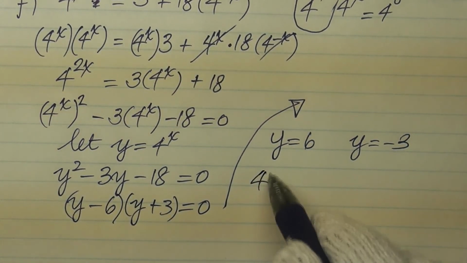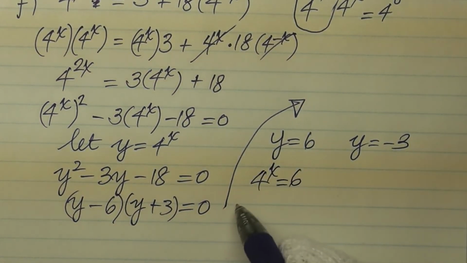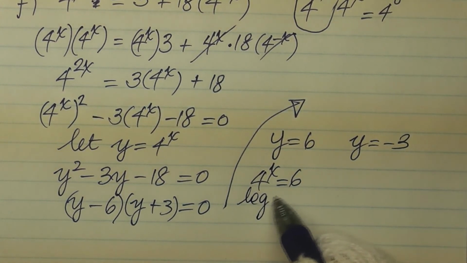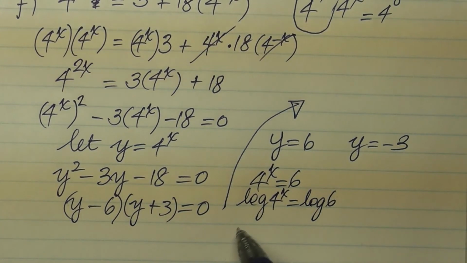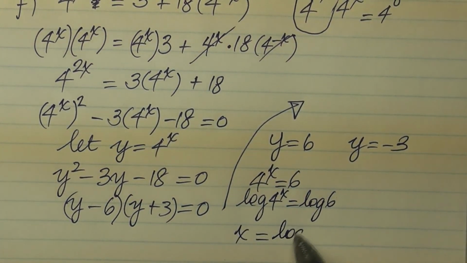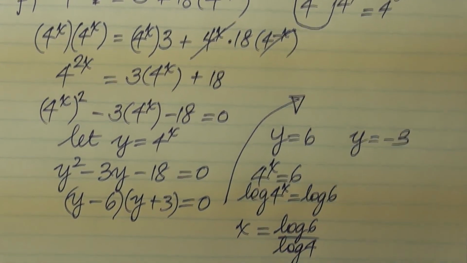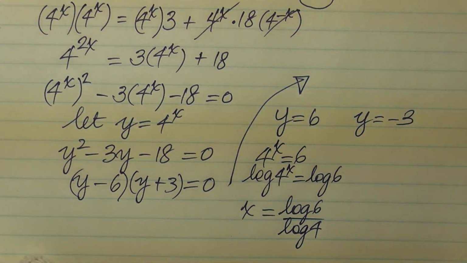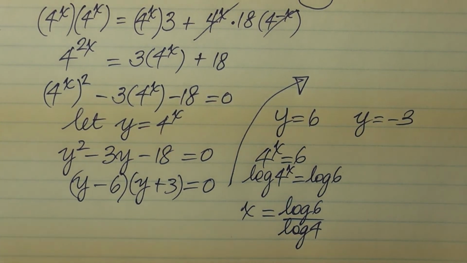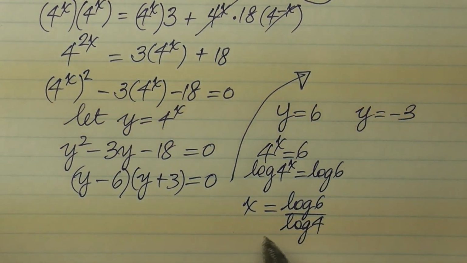So 4 to the x equals 6, log 4 to the x equals log 6. That's going to be 1.29.